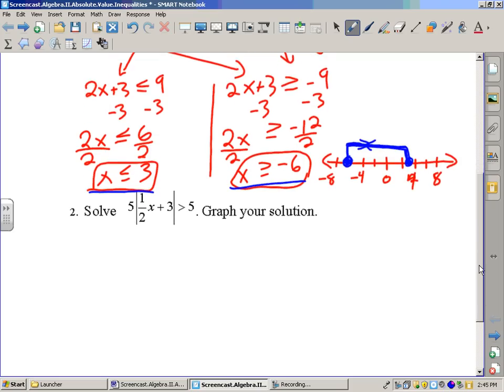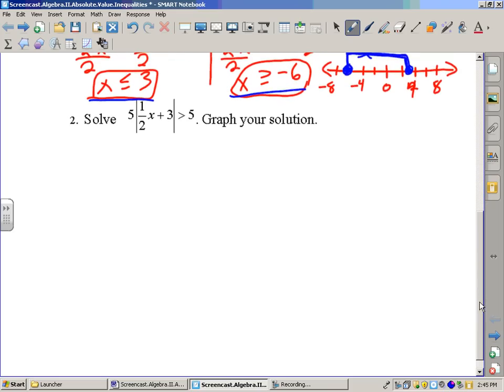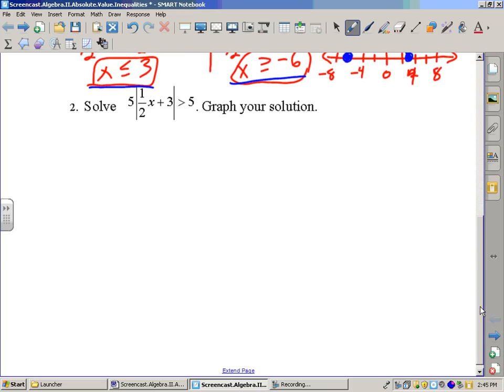Now for problem number 2. Once again, I need to isolate the absolute value. There's nothing added to this absolute value, but there is a 5 that's being multiplied out front. So I'm going to divide both sides by 5. So the absolute value of 1/2 x plus 3 is bigger than 1, because 5 divided by 5 is 1.